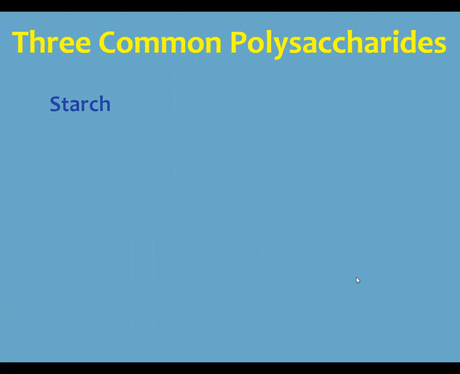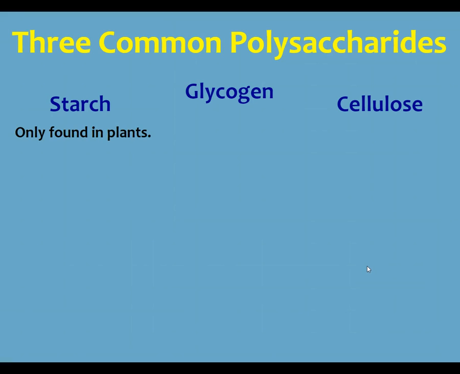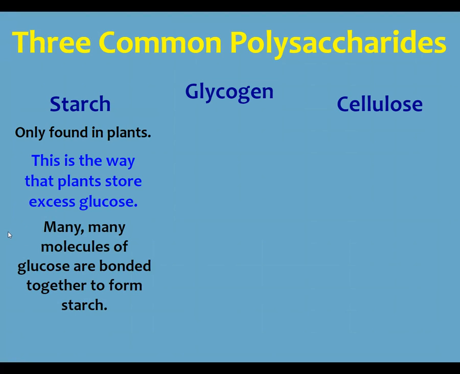There are three common polysaccharides: starch, glycogen, and cellulose. Starch is only found in plants. This is the way that plants store excess glucose. So when plants have too much glucose, they have to store it as starch. Many molecules of glucose are bonded together to form starch.